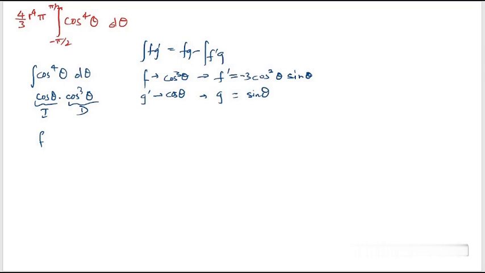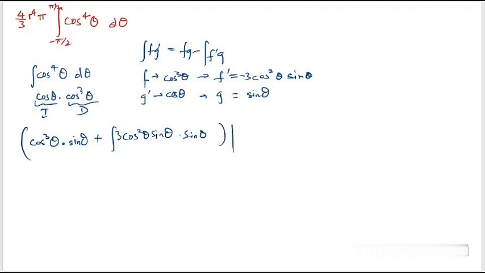We just substitute in the formula. Okay, f is cos cube theta, g dash is cos theta, g is sine theta. f dash is, okay, that's a minus, becomes plus 3 cos square theta sine theta times g, which is sine theta.